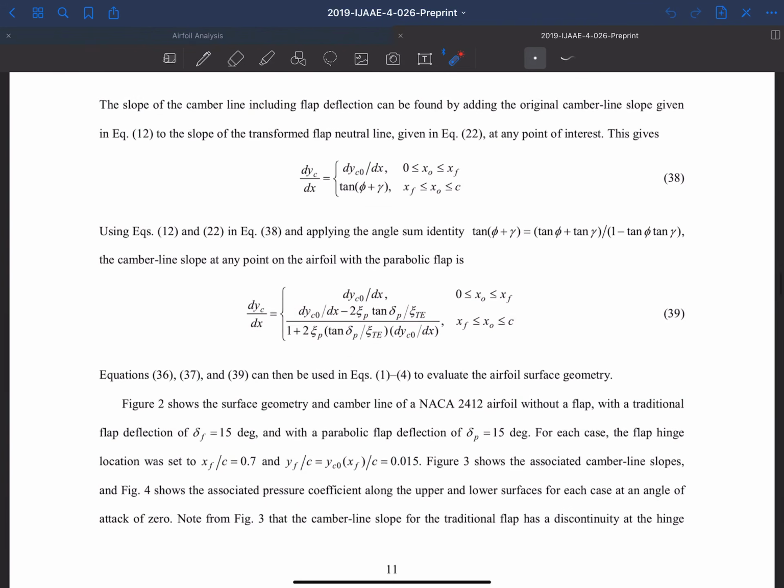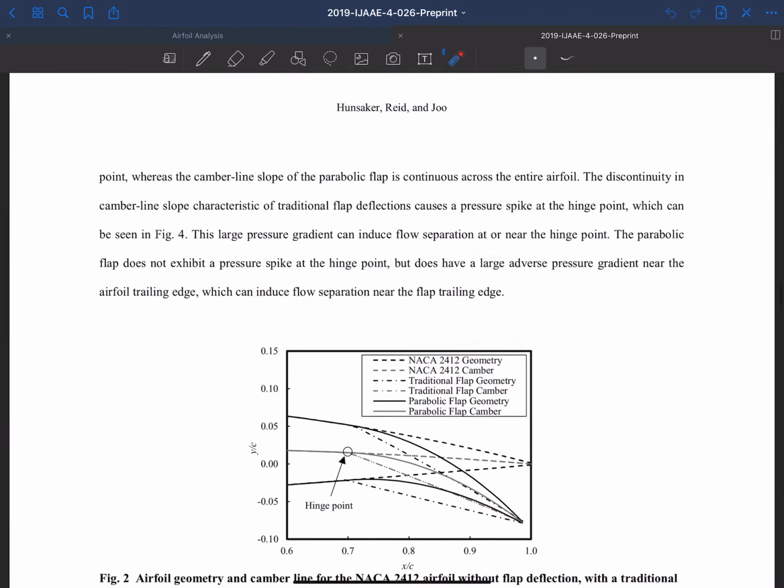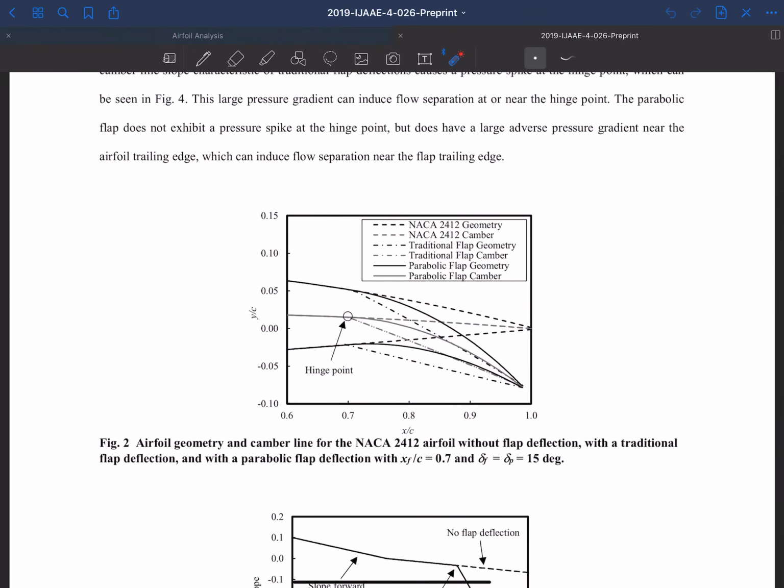Let's just show some examples here first. This airfoil here is the tail end of a 2412, and we're going to put a hinge point at 0.7. Then we show a traditional flap deflection, which is just a rigid body rotation of that trailing edge area.